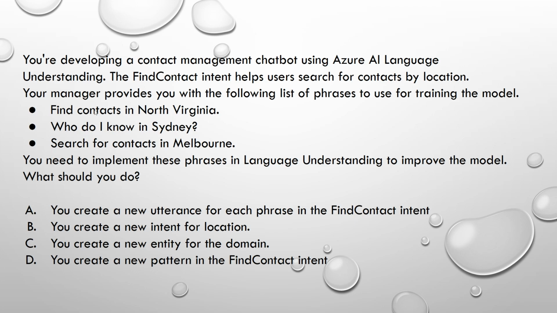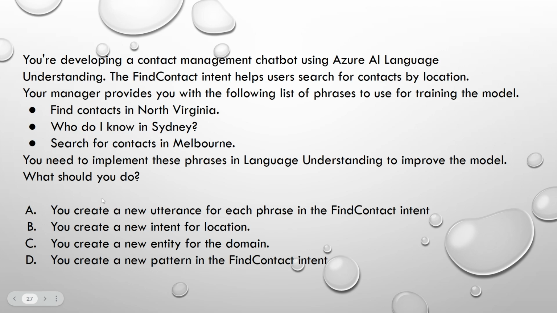The user can ask find contacts in North Virginia, or who do I know in Sydney, but the action the model has to perform is the same: find contacts in these locations for the user. The user can format the question in any manner, so the model should be able to identify differently formatted questions. So we have to add more utterances to the FindContact intent and train the model to improve it.